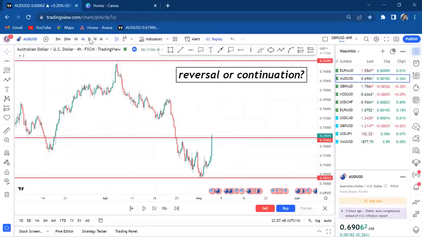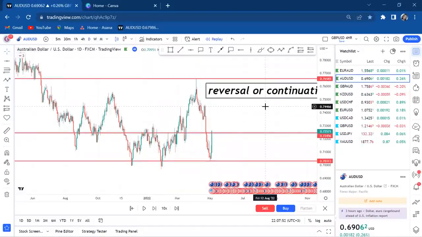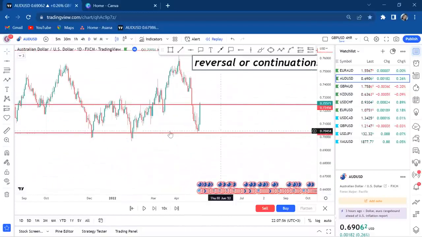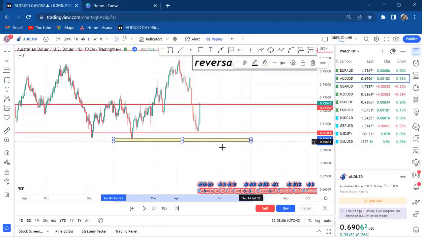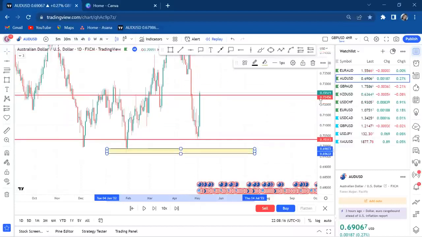So let's go to daily and try to see what we have on daily. So this is daily. Do we have a possible double bottom that has made the market go up? Even the double bottom that we have has not been activated. So even if we get this big movement on daily time frame, we don't know where that big movement is coming from.